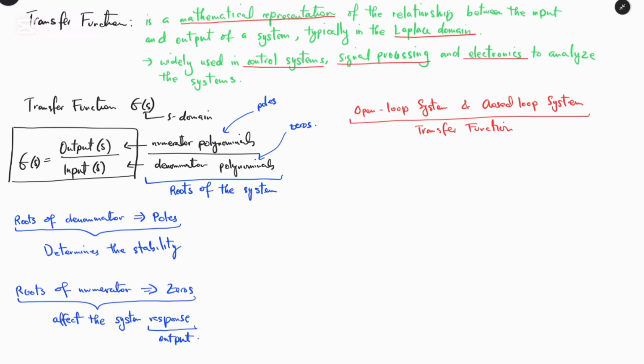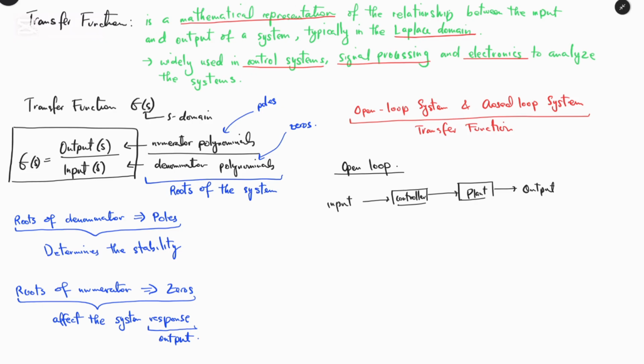By analyzing these systems, we can start by looking at the open loop system. As we said in our previous video about the open loop, we can show it in terms of the block diagram, where we have the input to the controller and to the plant and the output.